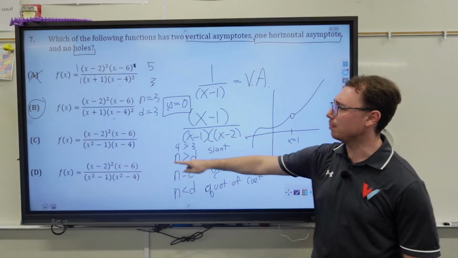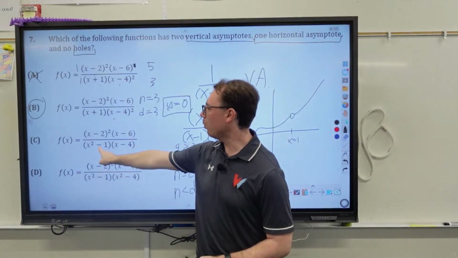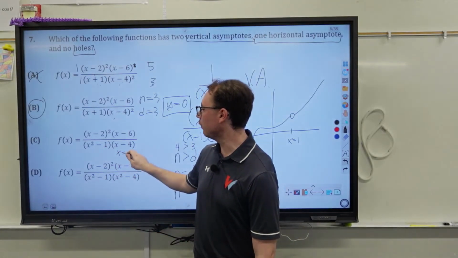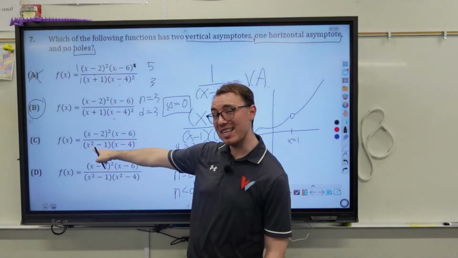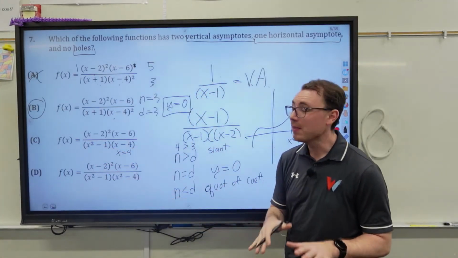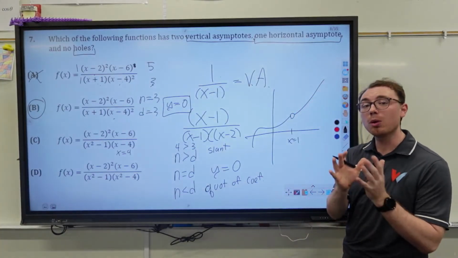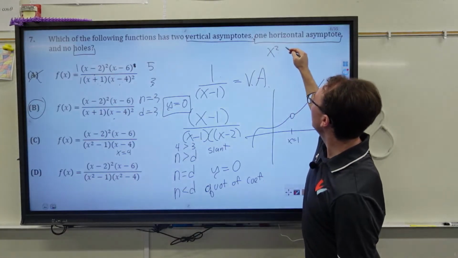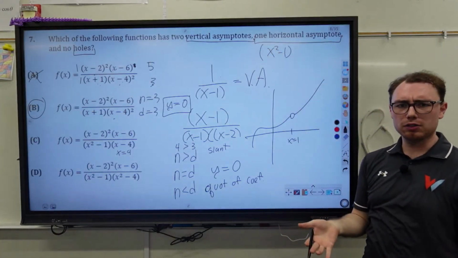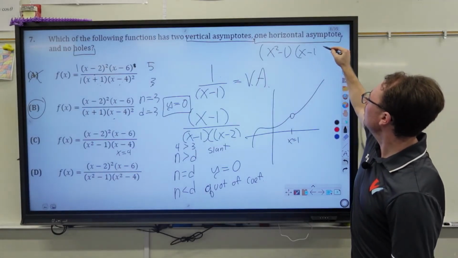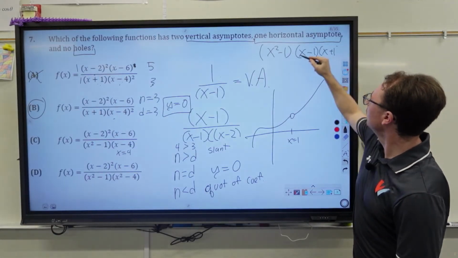C is wrong here. We have 1 horizontal asymptote here at x equals 4. However, in this case where it's x squared minus 1, that's not a binomial. That is a polynomial where we have to separate it again. We know this is going to be a difference of squares, so it equals (x minus 1)(x plus 1).